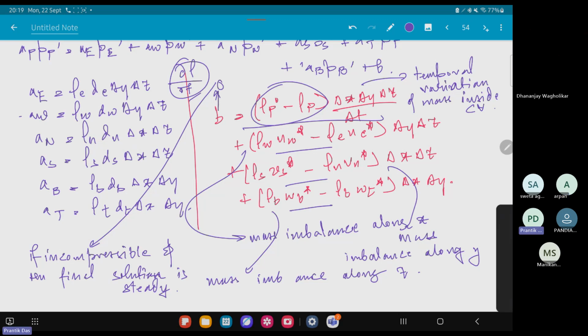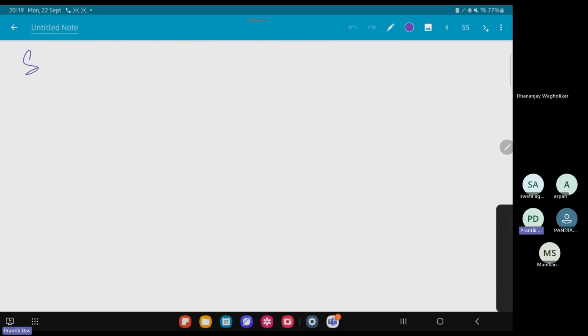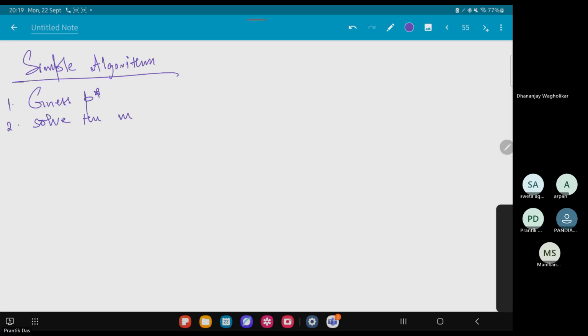Okay, so then what is the SIMPLE algorithm? Let me give the gist of it. First you guess the value of P star. Then solve the momentum equations to get U star, V star, and W star, using P star.